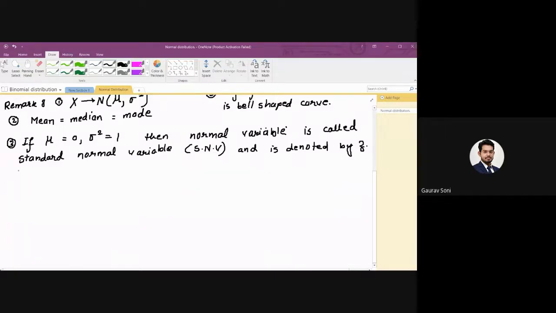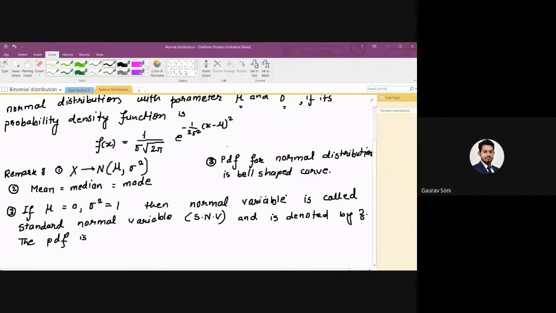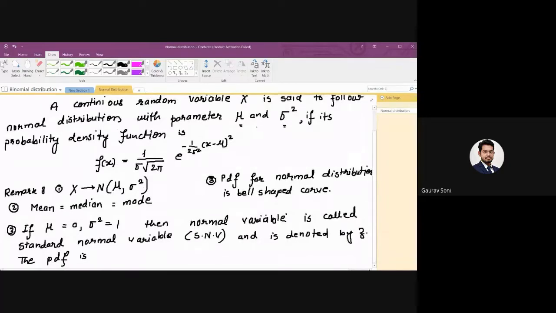Then the probability density function is, what will it be?